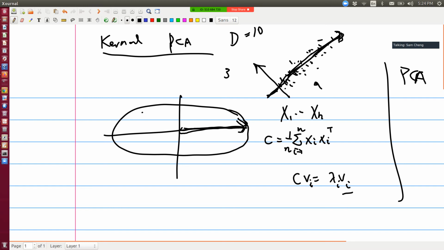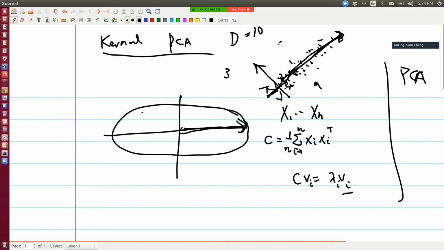Now kernel PCA has some rationale behind it. What we're trying to do, again, for classical PCA you have data points, similar to how we extend from SVM to kernel SVM. You may have data points that are not separable.